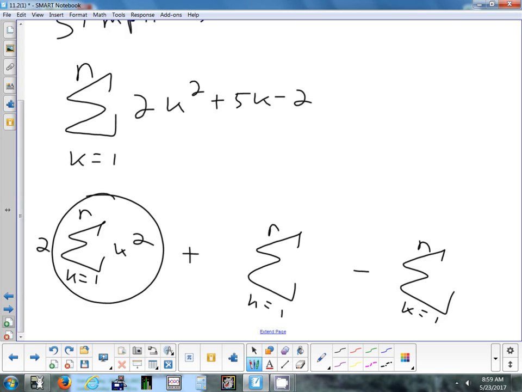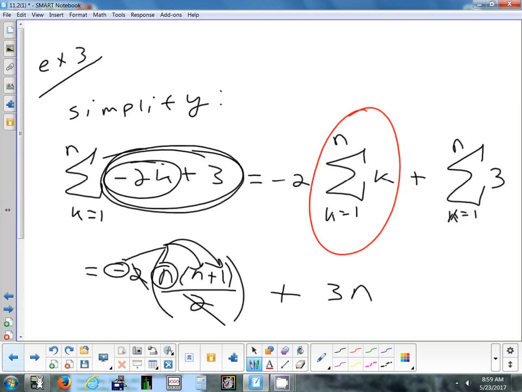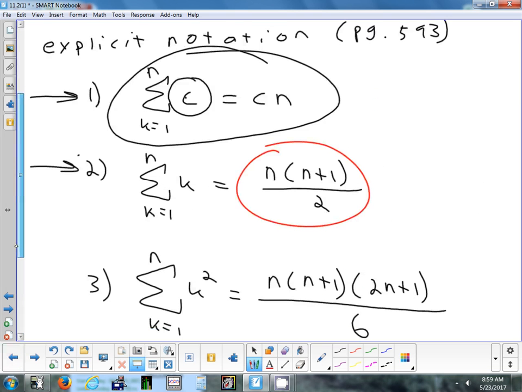What's the second sigma going to look like? 5 on the outside, and then k. So then you're going to have to look up the formula for adding up from 1 to n of the first n integers. We've got that right there. So what I just circled, that's the second thing you're going to plug in.